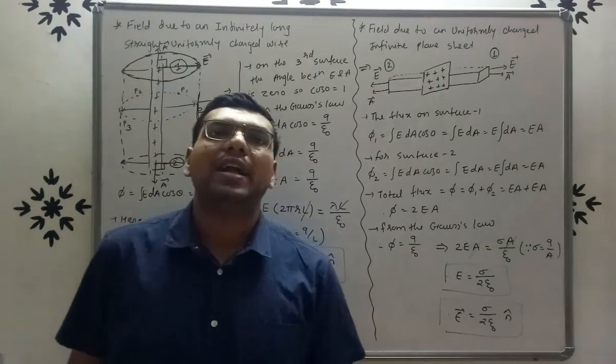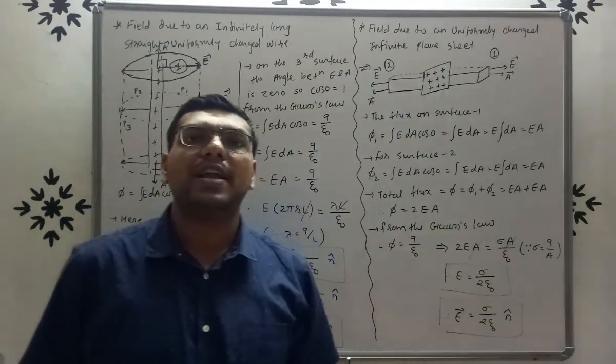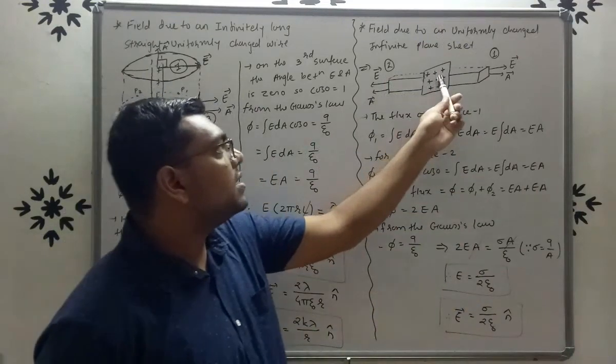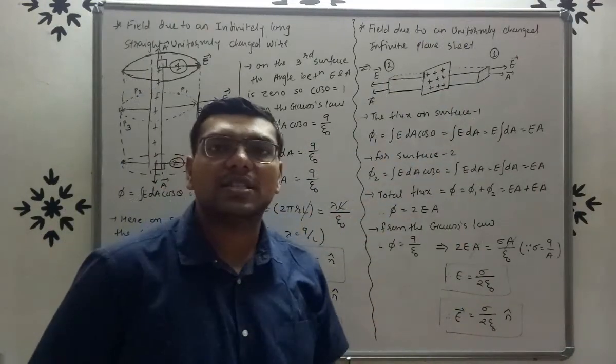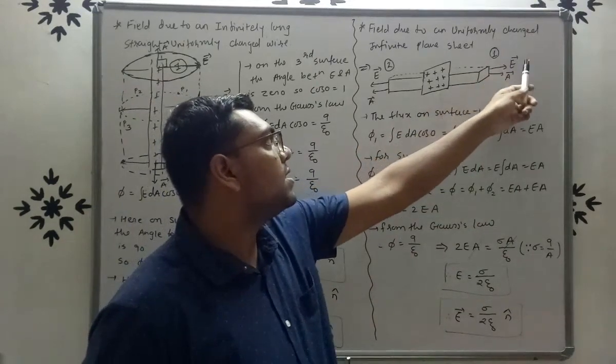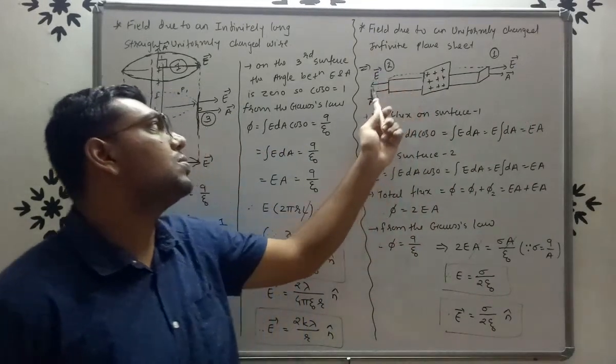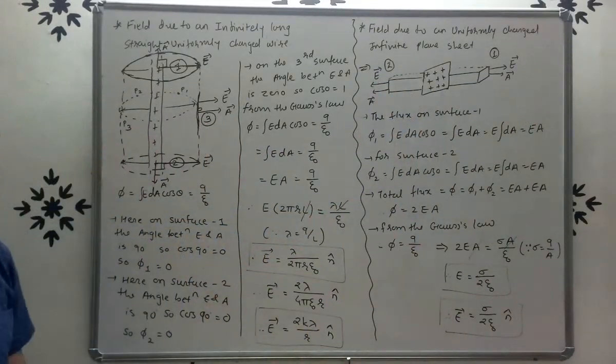here we have to find the electric field due to a uniformly charged infinite plane sheet. So here we consider a rectangular Gaussian surface. For surface 1, E and A are in the same direction. For surface 2, E and A are also in the same direction. So two fluxes are there.